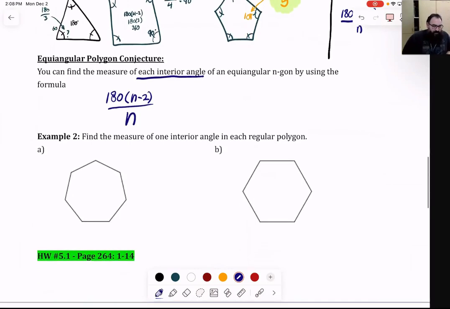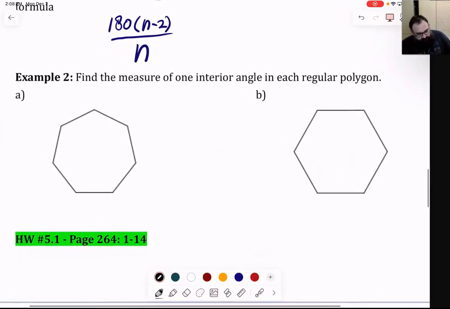So let's try it for the last two examples and then we're all done. So find the measure of one interior angle of each regular polygon.